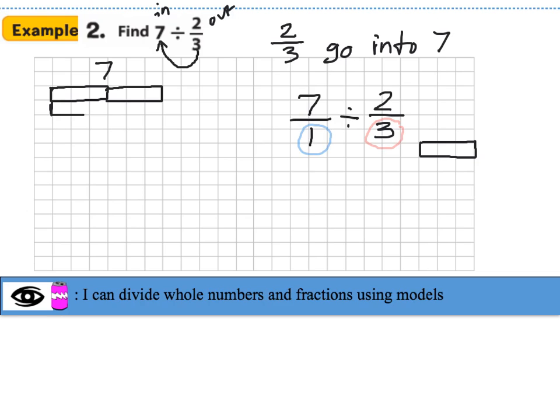And then here's 3 whole boxes, 4 whole boxes, 5 whole boxes, 6 whole boxes, 7 whole boxes. Okay, and now I'm going to shade inside of all 7 boxes, because that's the total amount that I have. So let's go ahead and shade all 7 boxes that we've created, because that is our dividend.